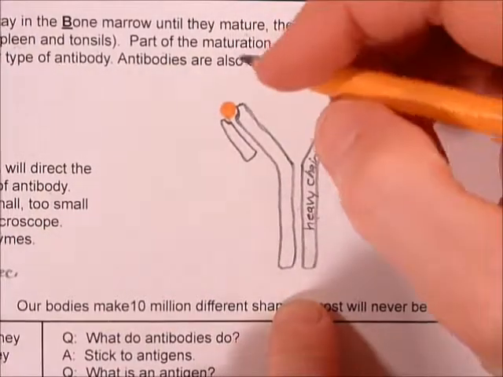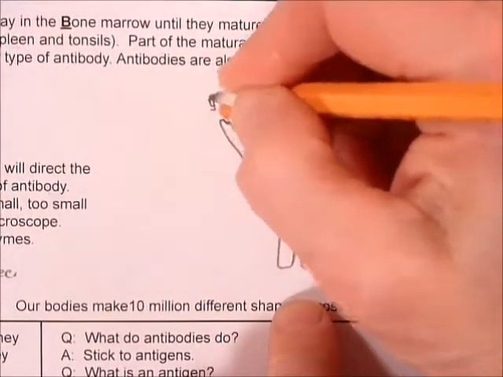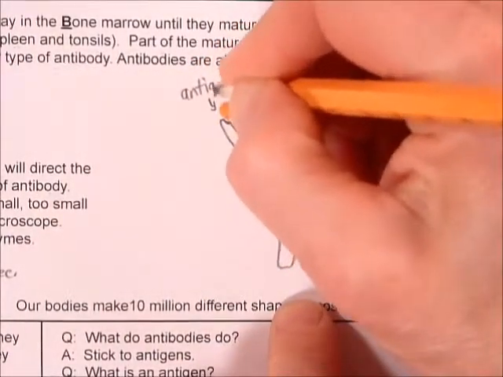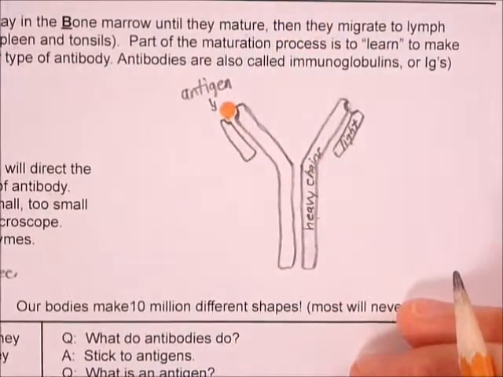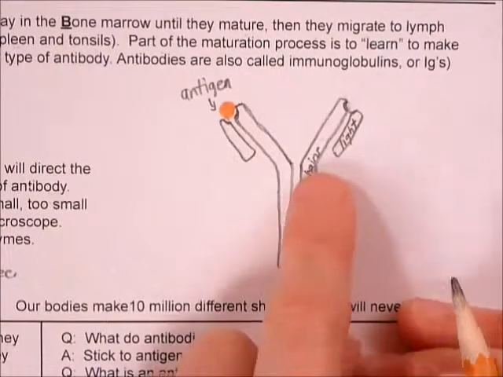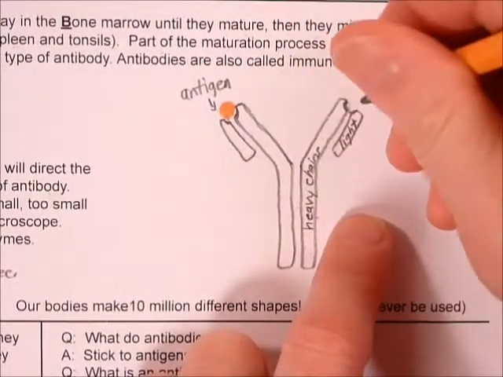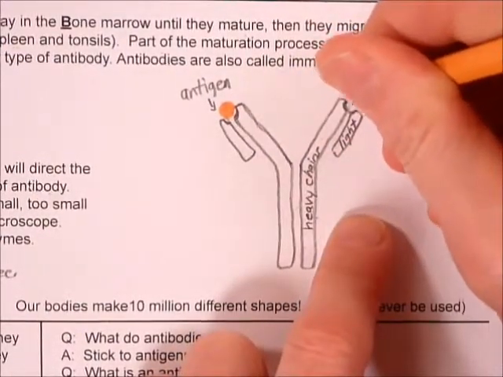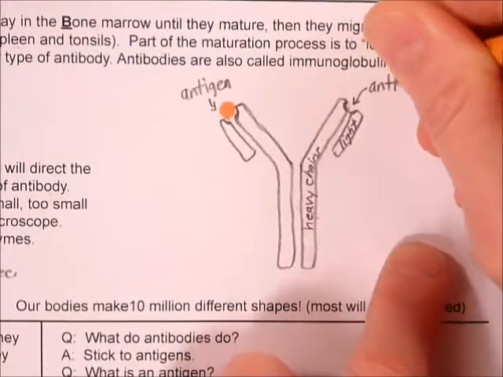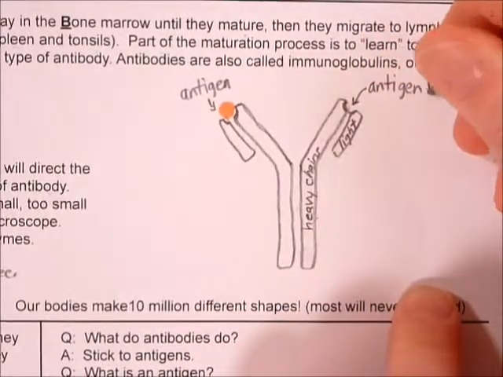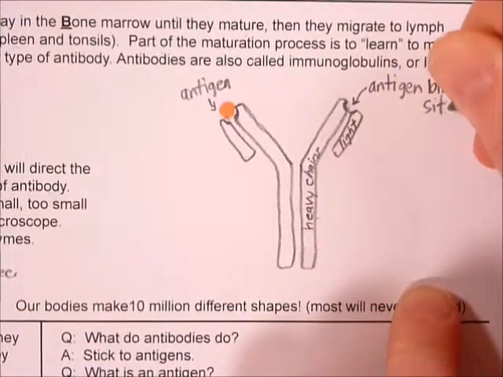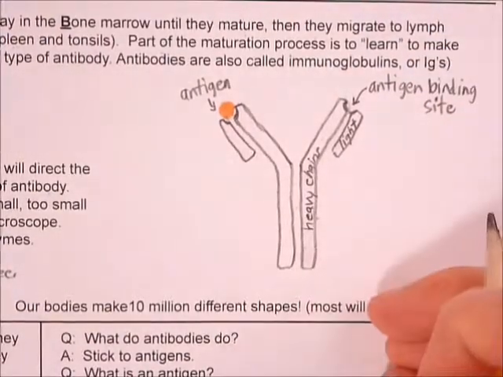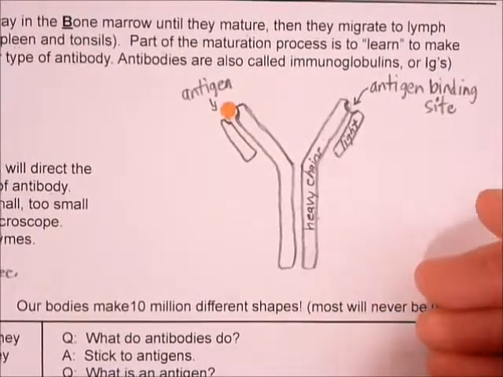But okay, so this is antigen. And the little hole, we'll put an antigen here, and I'm going to leave mine blank on this side. I call it the Antigen-Binding Site, S-I-T-E, for meaning location. It's called the Antigen-Binding Site.